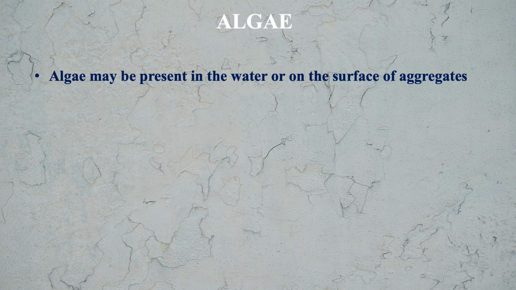Algae may be present in the water or on the surface of aggregates. Means if aggregates are exposed for a longer time in the open environment, there may be the presence of algae on the surface of the aggregates, and also it may be present in water.